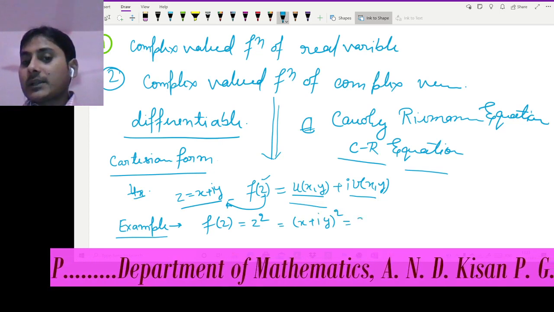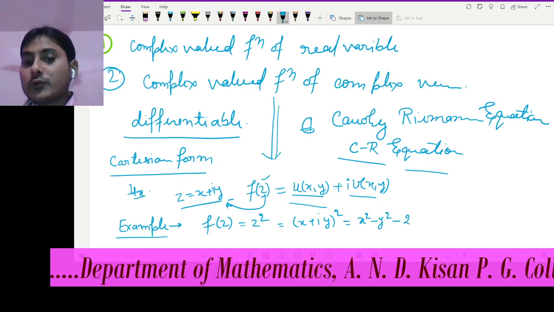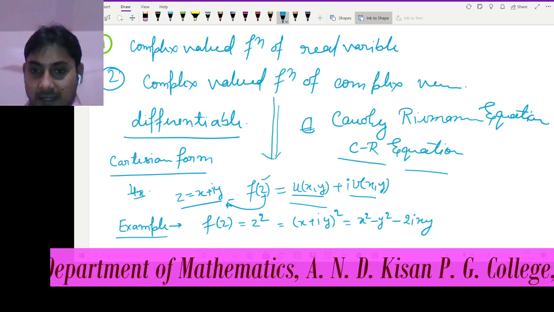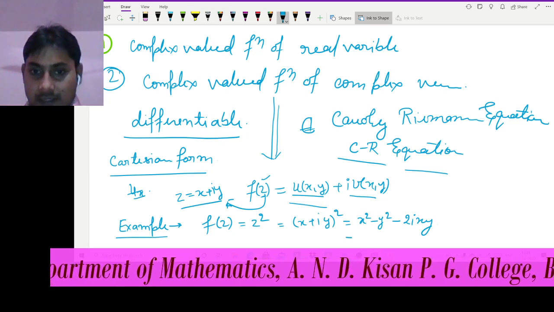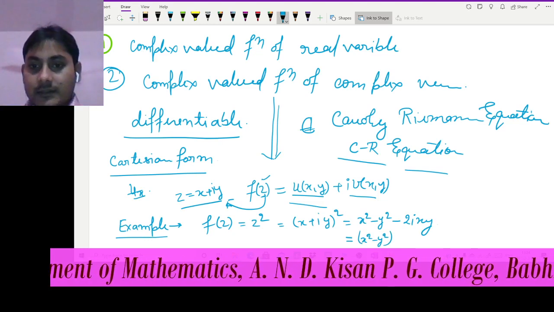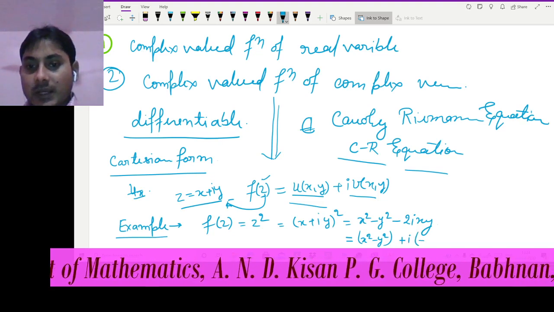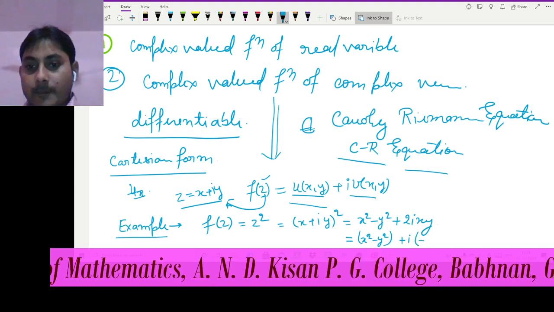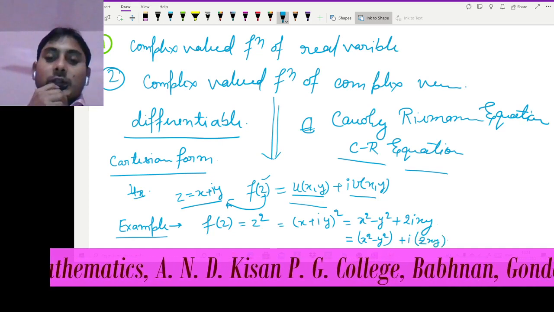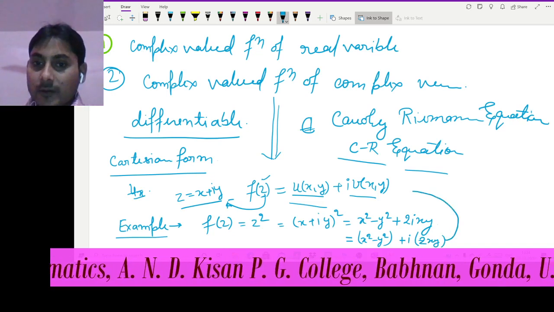This is nothing but x square minus y square plus 2ixy. If you rearrange it, you can write x square minus y square in one bracket, and in the next one plus iota times 2xy. So you can compare this particular example with the general form of your function.